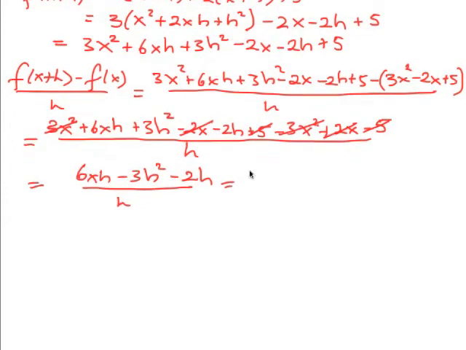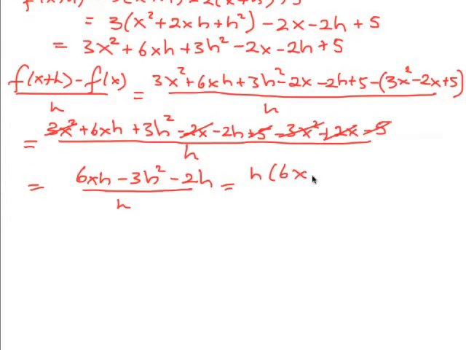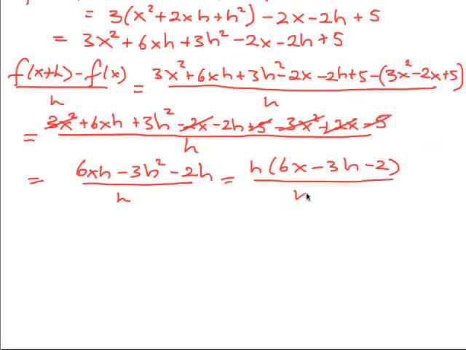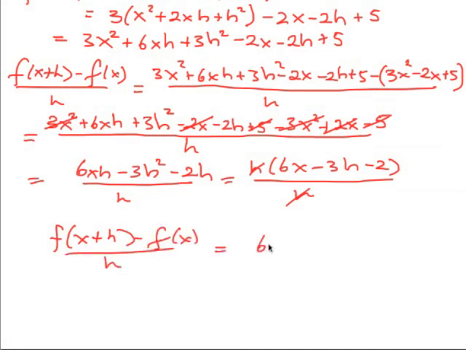Now you'll notice that there's an h as a common factor in all of this. So we can cancel by h, and our resulting difference quotient is in fact 6x minus 3h subtract 2.